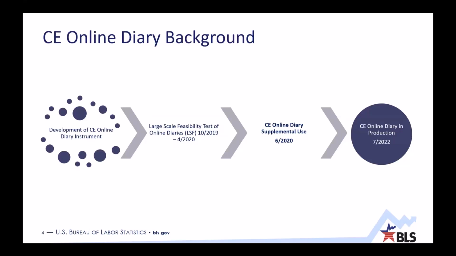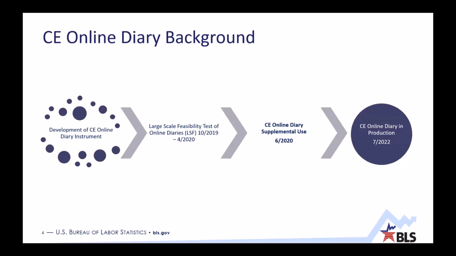You can see in this graphic a timeline from left to right, starting with the development, which was part of a larger effort to redesign our CE surveys and included towards the end a large-scale feasibility test of the online diaries that was fielded at the end of 2019 through April 2020.